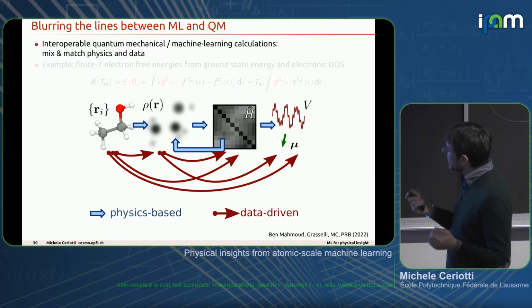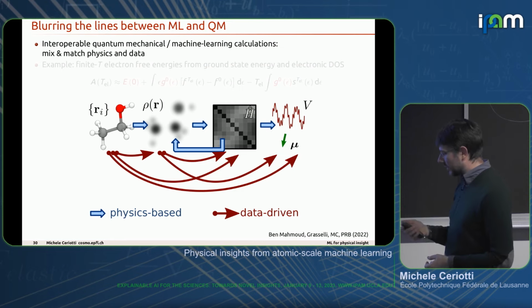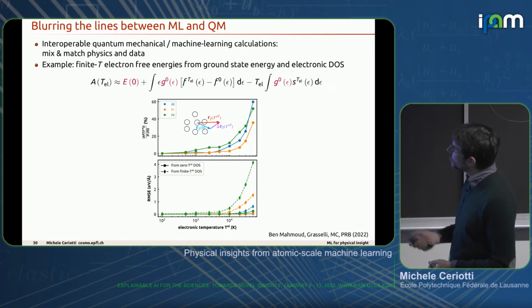And so really the idea is to deploy these as extensively as possible and stop making a distinction between physics-based and data-driven techniques. For example, one thing that you can do is to incorporate the behavior of excited electrons by learning the ground state energy and the density of electronic excitations.